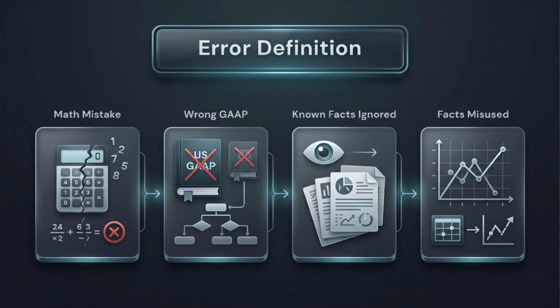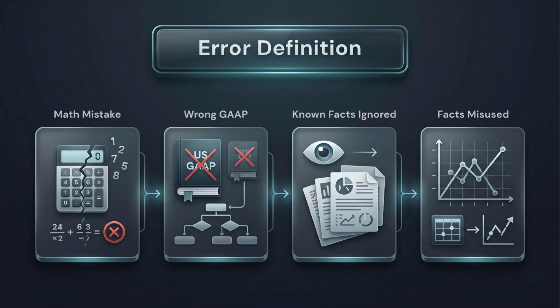An error under ASC 250 means a prior financial statement was wrong because available information was not used properly. There are four common root forms. A math mistake is a pure calculation failure, like a formula error or arithmetic problem. Wrong US GAAP means the company applied a method that was never acceptable for the transaction.